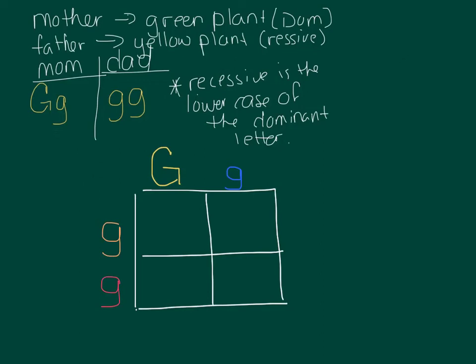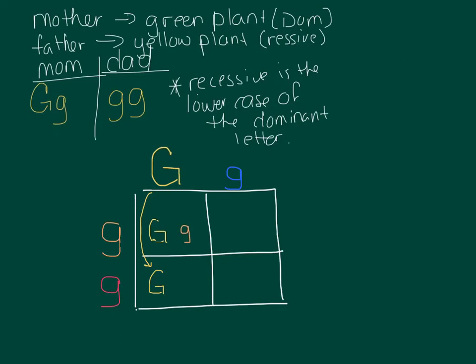So this G is going to go here. And we always write the big letter first. And then this little g is going to go right there. And so we have big G, little g. Okay? So I'm going to erase that as best I can. Then once again, this G is going to go down here.